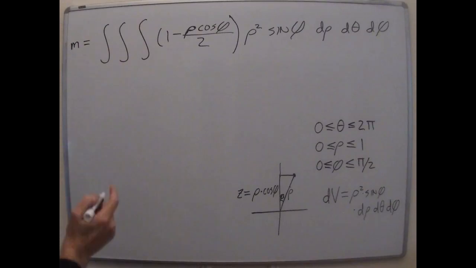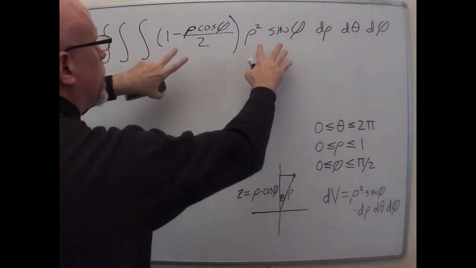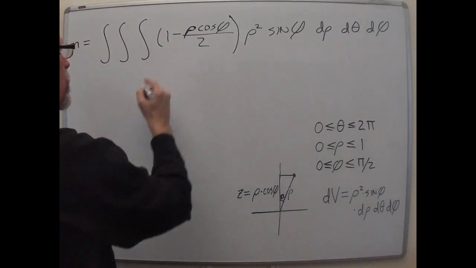All right, so we just have to simplify this integrand. I guess the main point would be just to distribute that rho squared sine phi across everything else.